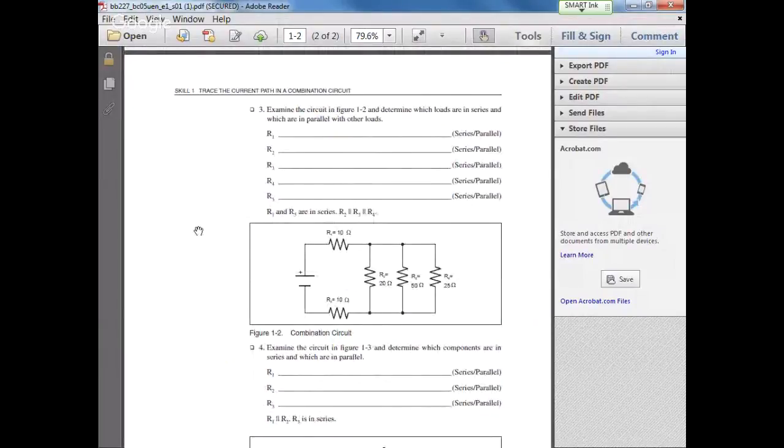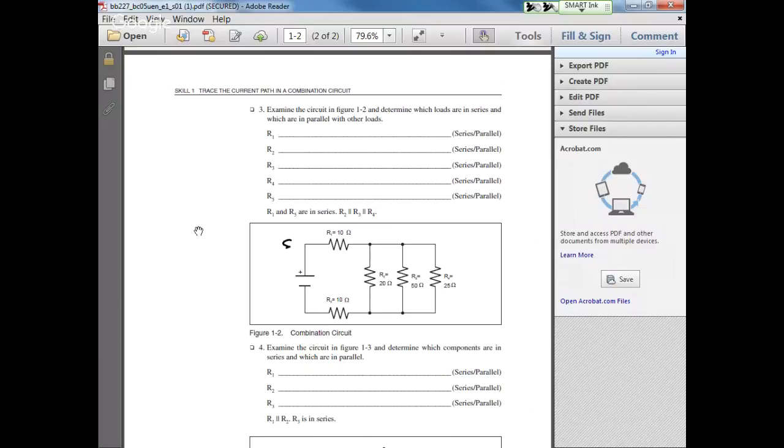All right, so we're on this one, skill 3. Examine figure 1-2 and determine which loads are in series and which loads are in parallel with the other loads. All right, so R1 in this example, see if I can draw.